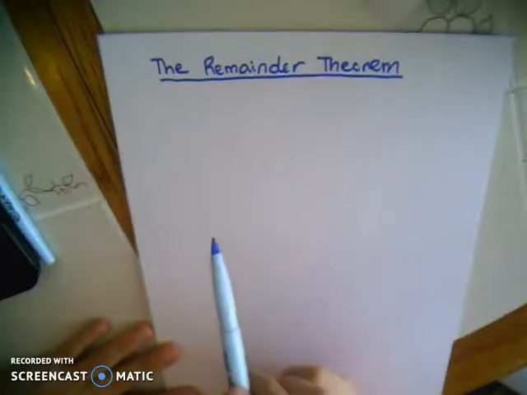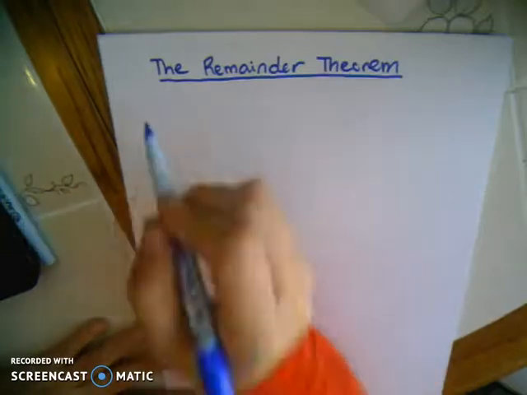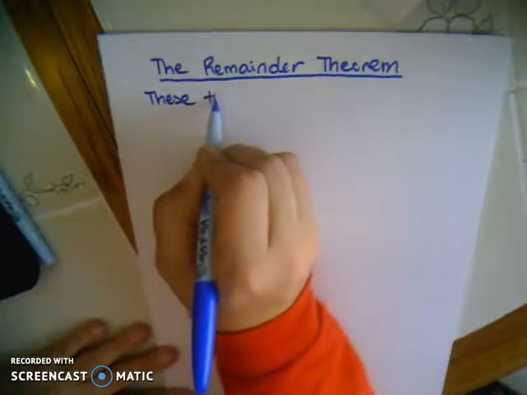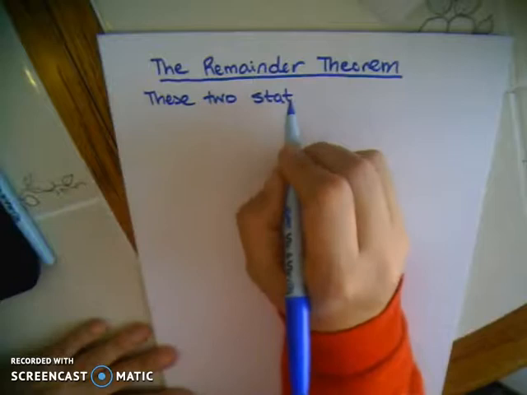the division problem. So the remainder theorem says that the following two statements are equivalent, which means if one of them is true, then the other one has to automatically be true.